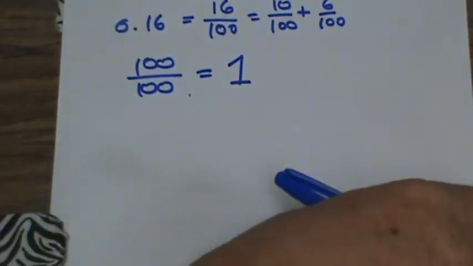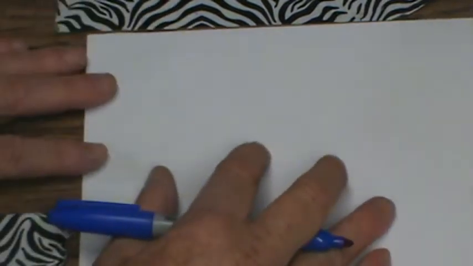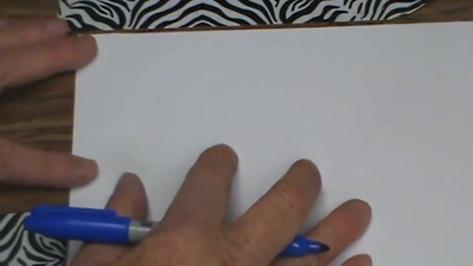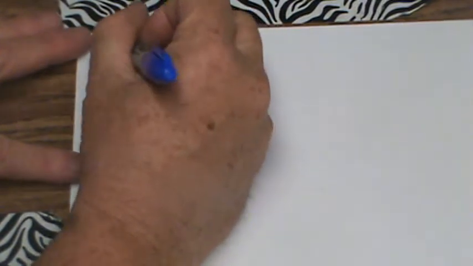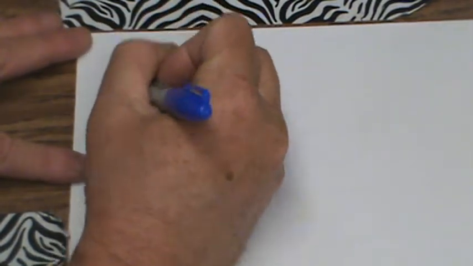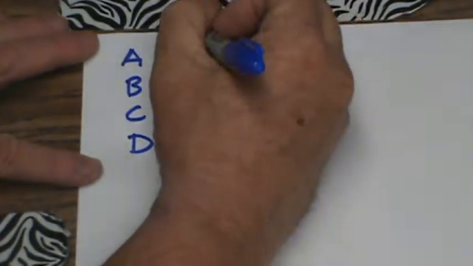Let's continue on with our application problem, the problem where we apply. And go ahead and write this down. We're going to do a little table. A, B, C, and D. And these are all rectangles. Rectangle A, rectangle B, rectangle C, rectangle D. And we're going to show the perimeters. Remember, the perimeter lives on the outside?